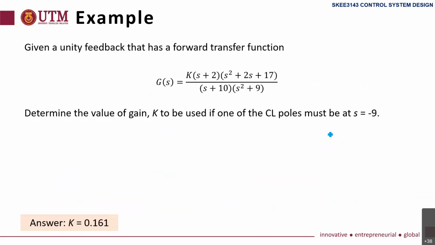Check S equal to -9 to this transfer function. It is already mentioned that it is on the root locus, and the question wants you to find the value of K when S equal to -9.